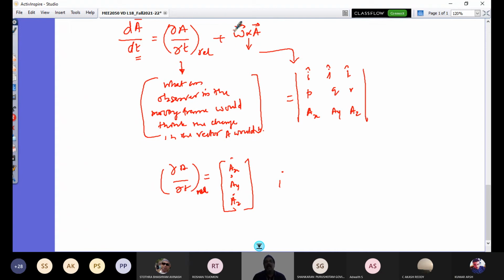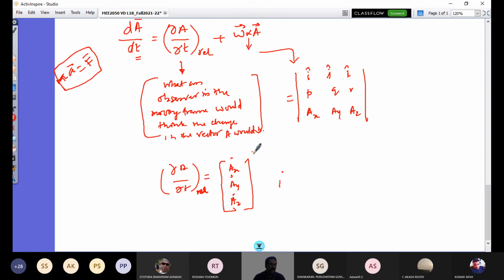If you know that and then account for the rotational motion of your body fixed coordinate system together, you get the absolute variation of this vector A. If this is replaced by velocity, then I get my acceleration vector, and mass times this acceleration vector gives me my force vector. Are you getting my point?